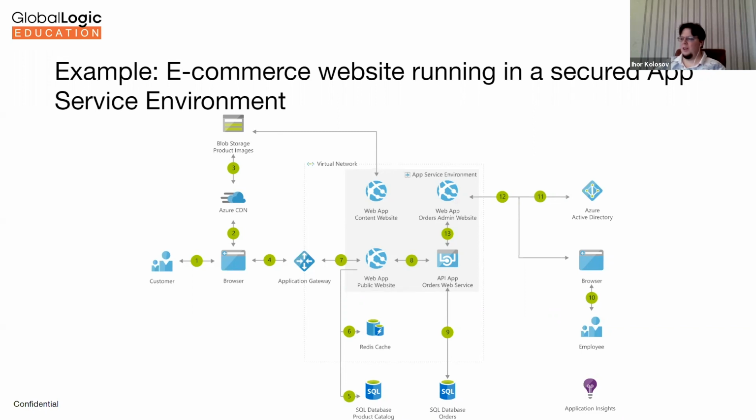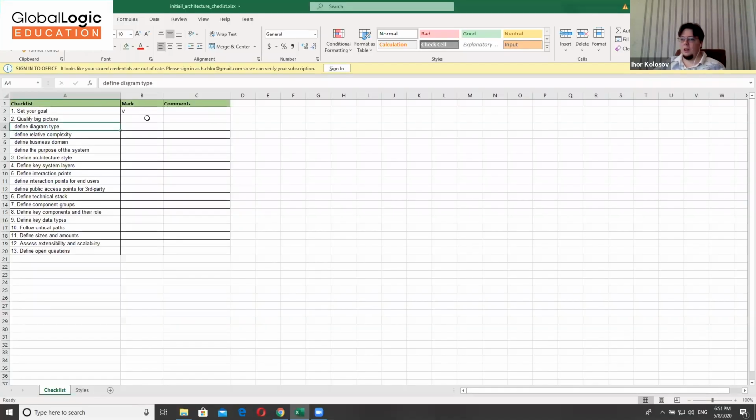Here we can observe the big picture of the whole system without too much detail and without too much information about infrastructure. So this is probably not an infrastructure diagram. We do not have too much information about security groups here, network settings, or other stuff which is related to an infrastructure diagram. So it's a solution architecture diagram. Let's mark it as a success.